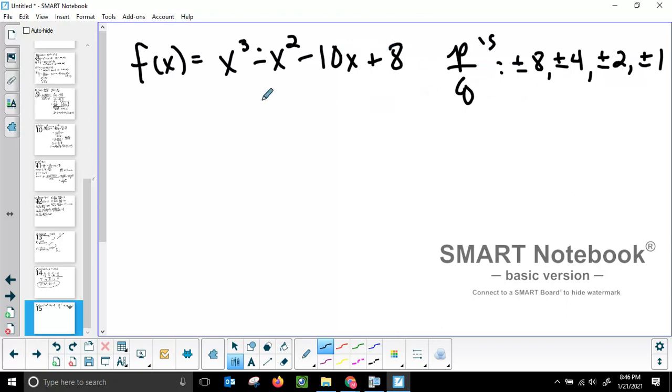Nope. Let's try 2. 8 minus 4 is 4, minus 20 is negative 16, plus 8. Nope. Negative 2, we get negative 8, minus 4, which is negative 12, plus 20, which is 8, plus 8 is 16.